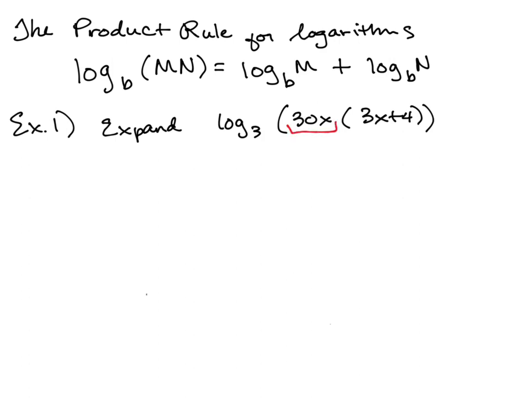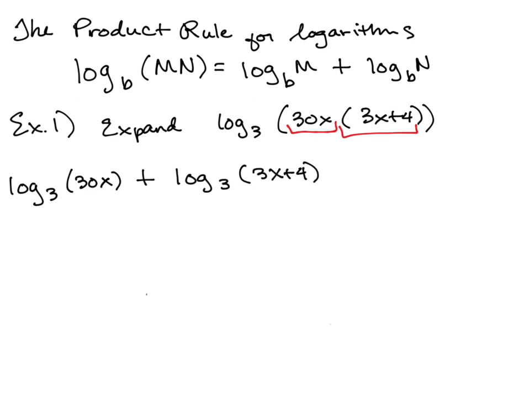You see the 30x times the 3x plus 4. And so when we expand this, that's going to come out as log base 3 of 30x plus log base 3 of 3x plus 4. Okay?